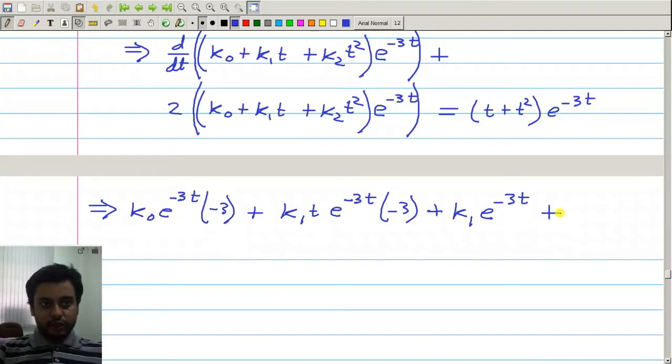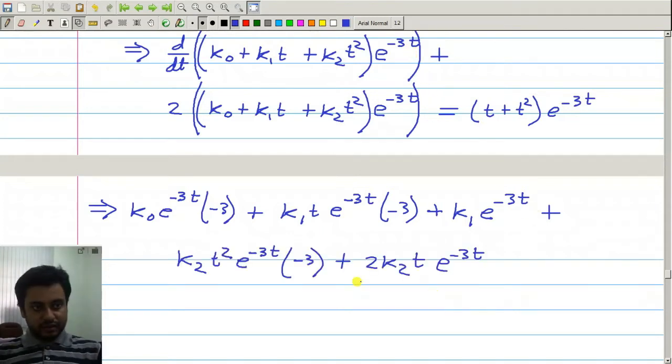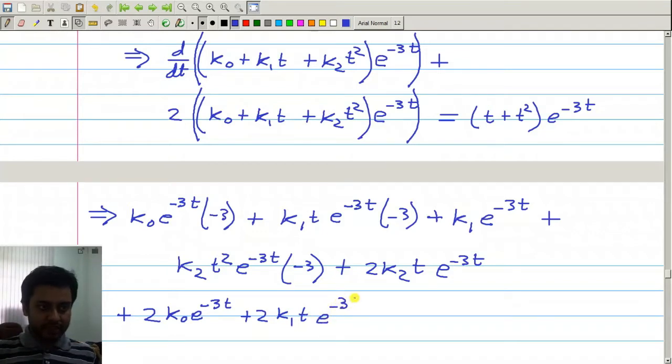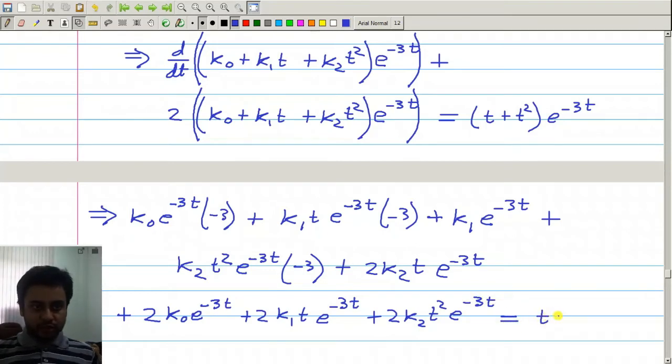Now similarly you can differentiate k2t square e to the power minus 3t and you shall get this plus 2 into this term. So let me write plus 2k0 e to the power minus 3t plus 2k1t e to the power minus 3t plus 2k2t square e to the power minus 3t. This is equal to the right hand side.